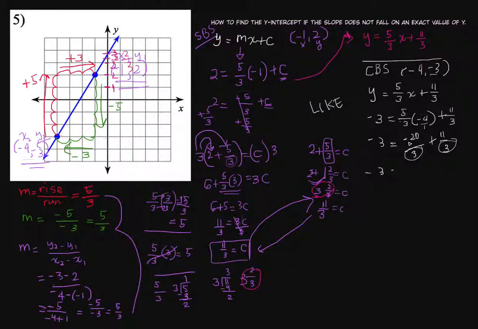So if that's the case, I can easily add or subtract the numerators. In this case, negative 20 plus 11 equals negative 9 over 3. You do not subtract or add the denominator, okay? It remains the same. So you have negative 3 equals negative 9 divided by 3, negative 3. So that means if they're equal, that means this equation is correct.